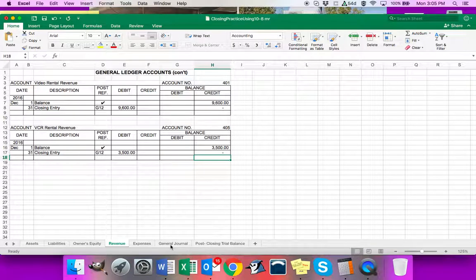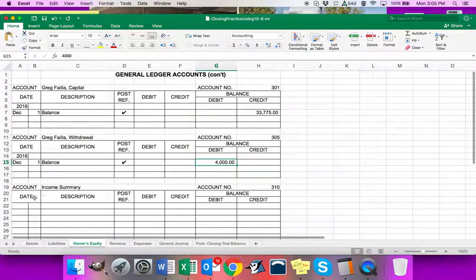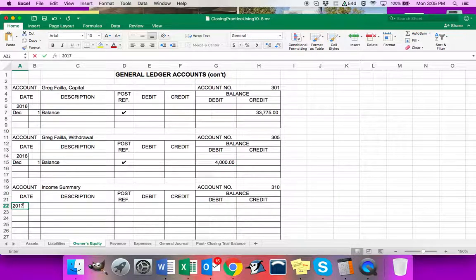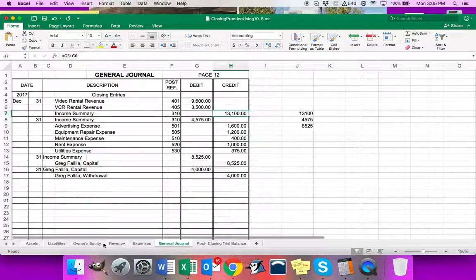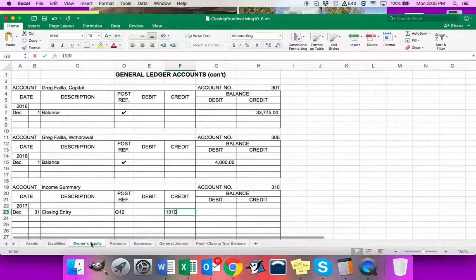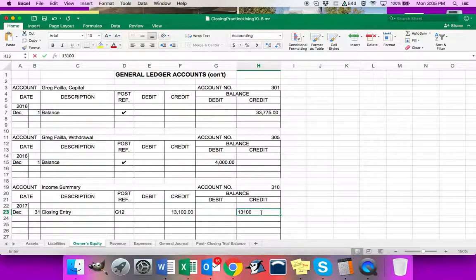Then we go to income summary, and we have a credit of 13,100. So 2017, December 31st, closing entry, G12, a credit of 13,100, leaving me a credit balance of 13,100.